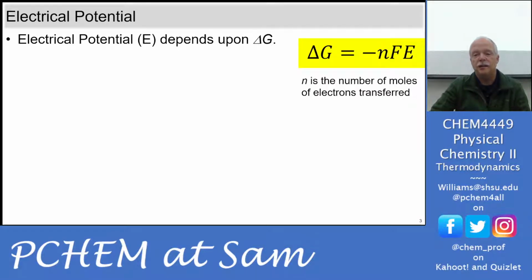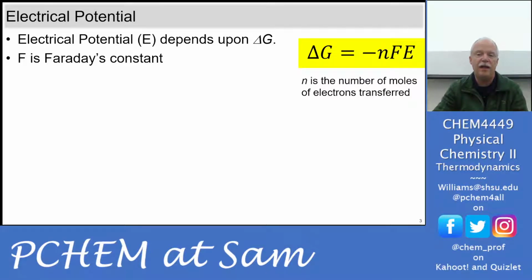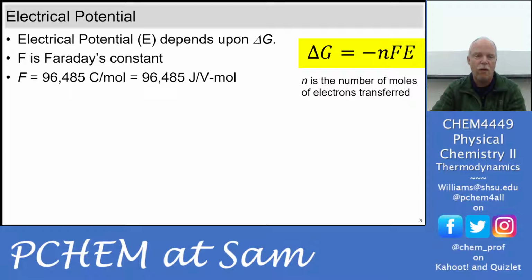Now we have a couple of constants in here. F is Faraday's constant, and n is the number of moles of electrons transferred. In a given reaction, a redox reaction, you'll have some exchange of electrons from what's oxidizing to what's being reduced, and the electrons change hands or change species. That's n in this equation. And Faraday's constant is the number of coulombs, the charge unit, per mole. So that's a heck of a lot of electrons.